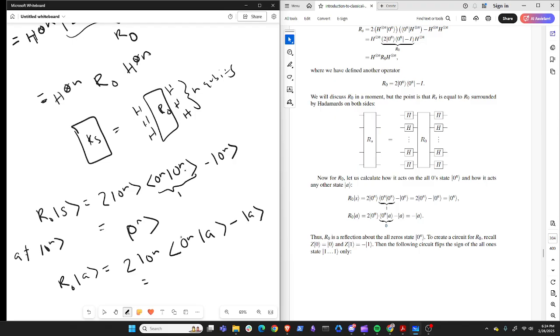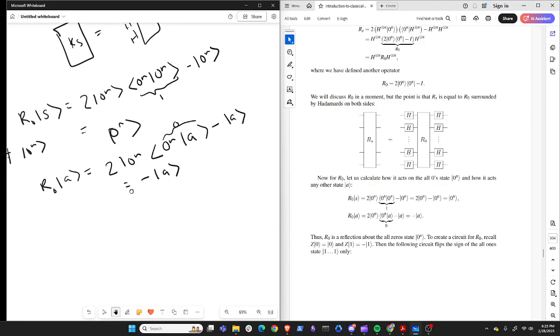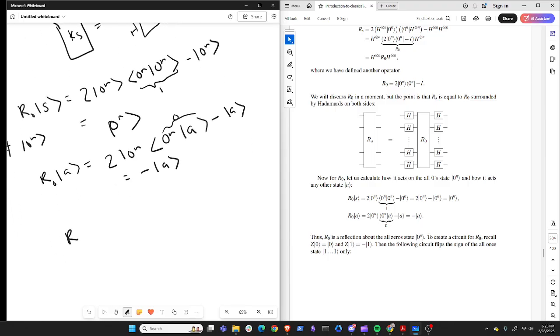Here n equals 0, so we wind up with just minus A. Essentially, R of 0 is just a reflection of some arbitrary state, let's call it alpha, over all zeros.